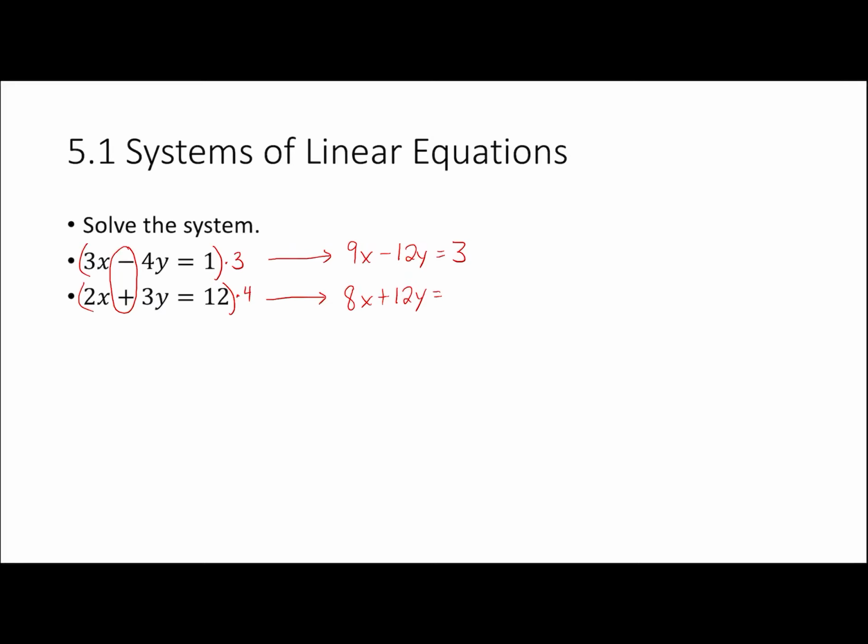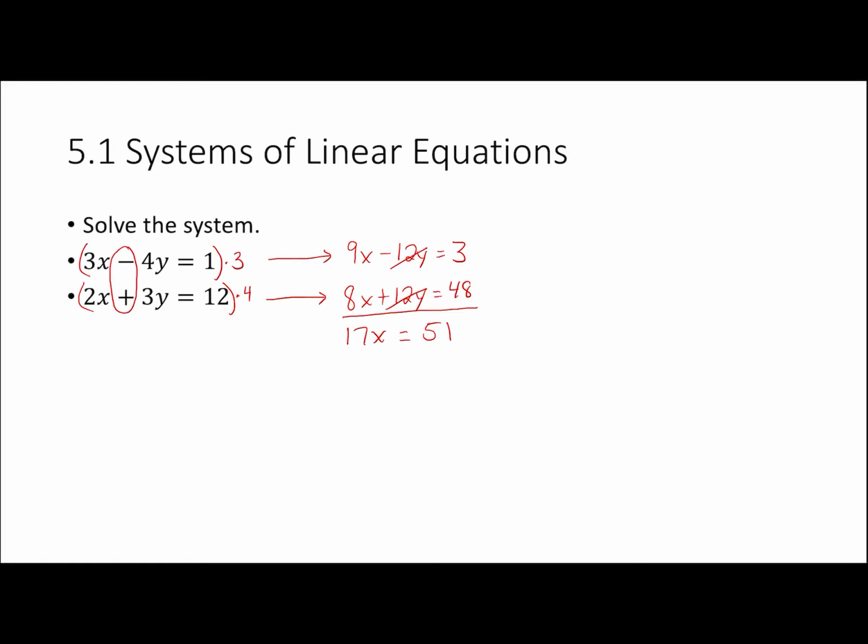And then 12 times 4 is going to be 48. So now when we add these two equations together, the 9x plus 8x is 17x. The negative 12y plus 12y cancels, which is what we wanted. And 48 plus 3 is going to be 51.